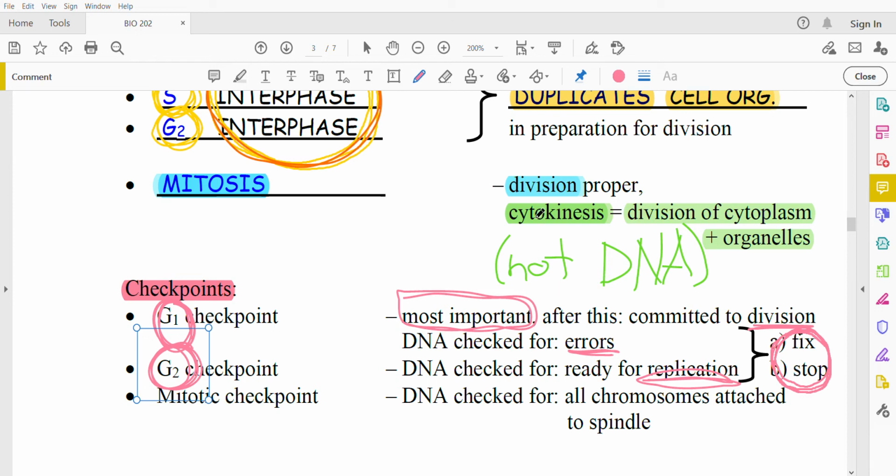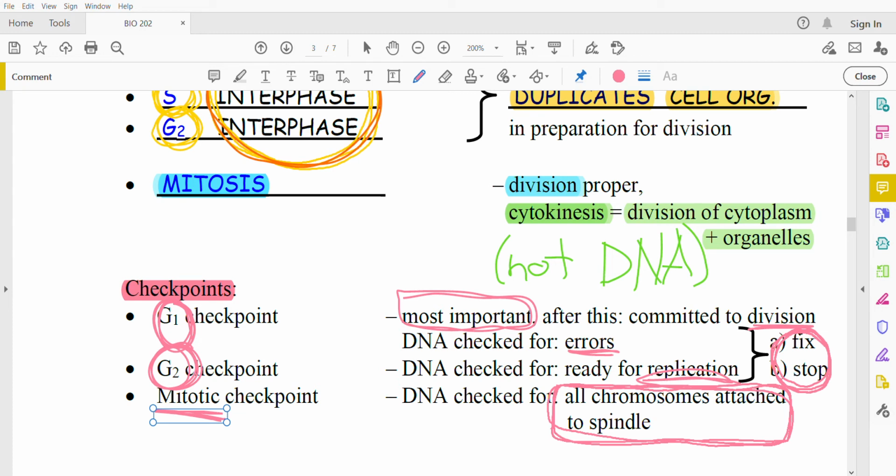And the final checkpoint that we have is the mitotic checkpoint. During the mitotic checkpoint, we are actually checking that all of the chromosomes within the cell have attached to the spindle. And you might be wondering, what is this spindle? We'll talk all about it in a few moments.